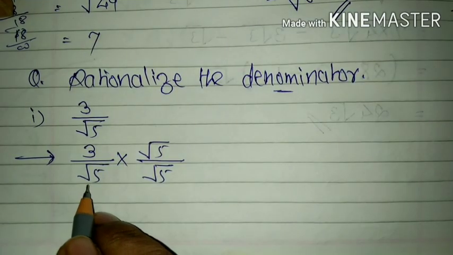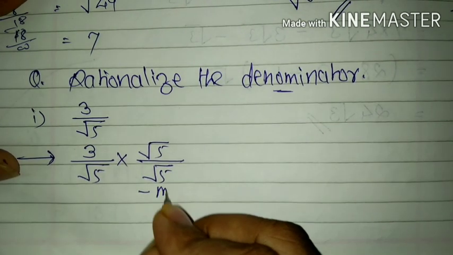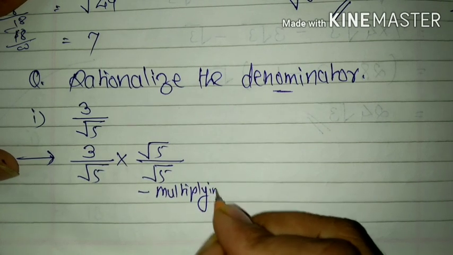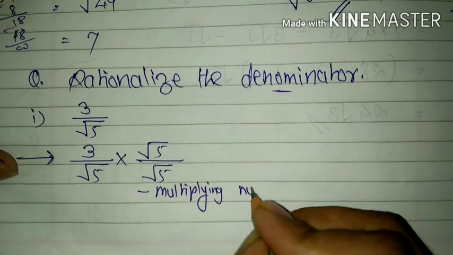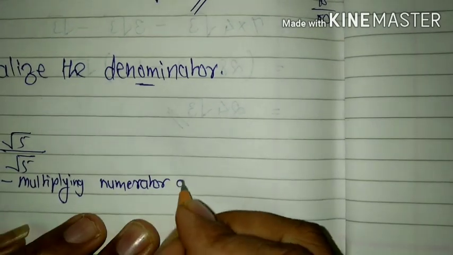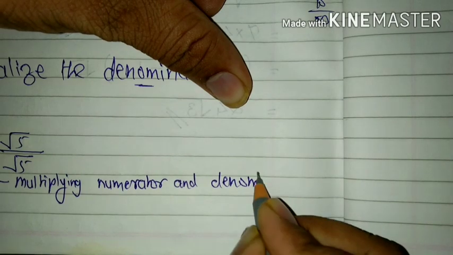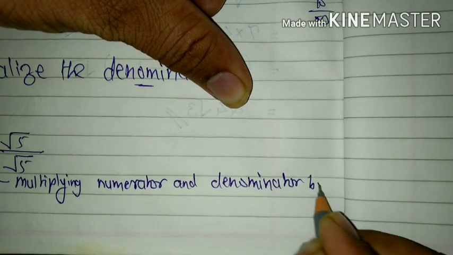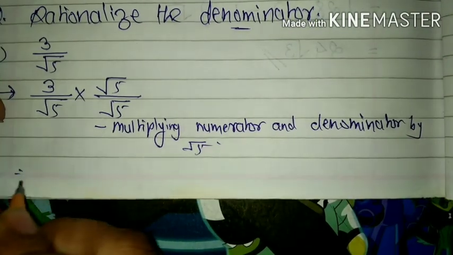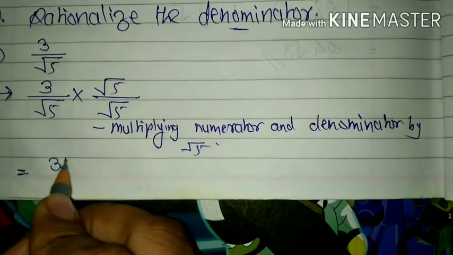Whatever be the denominator, in the form of a surd, we multiply and divide by it. Here I write: multiplying numerator and denominator by root 5. Now, what is 3 into root 5? It is equal to 3 root 5.